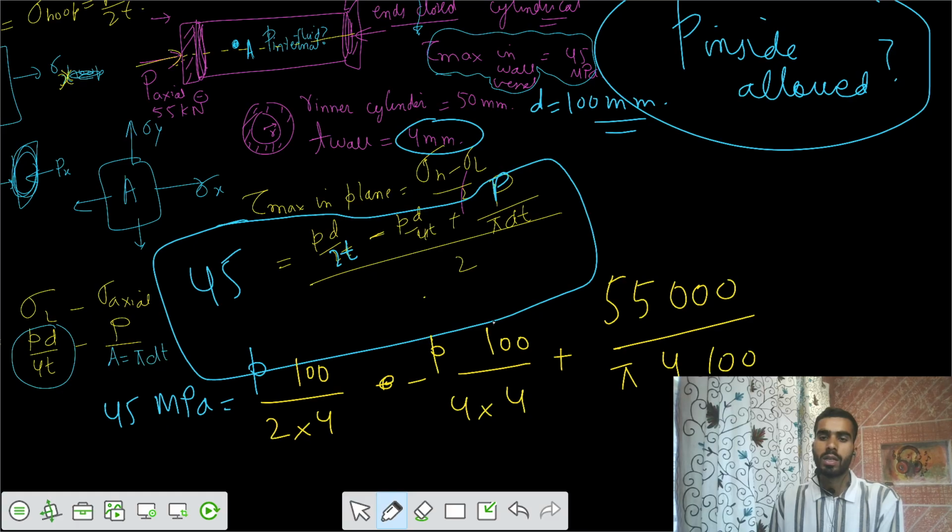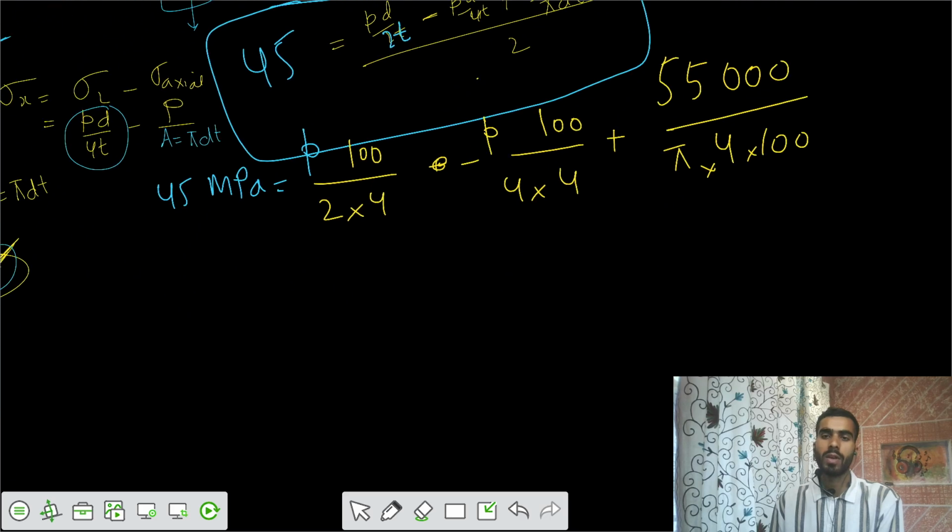Diameter is 100, thickness is 4. Finally you can write this pressure as P1, that is 7.39 megapascal.